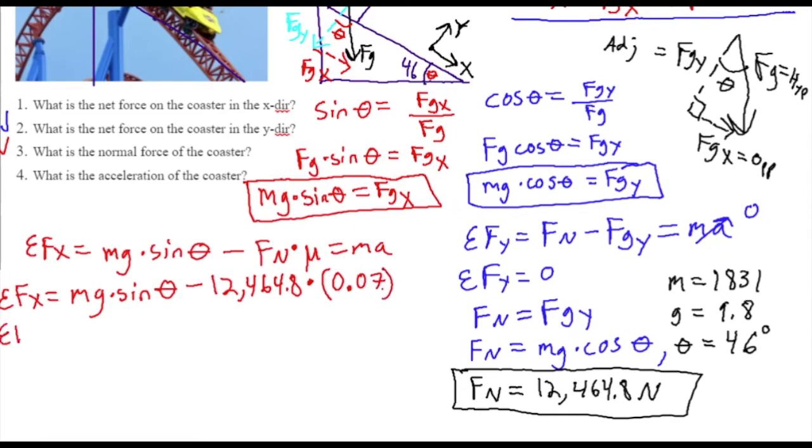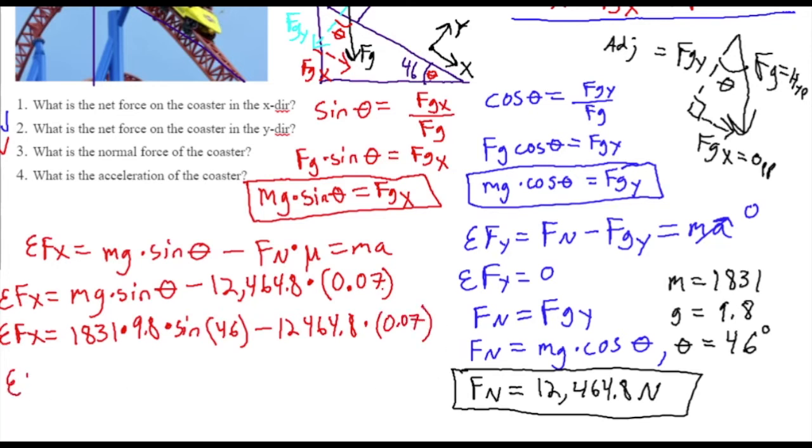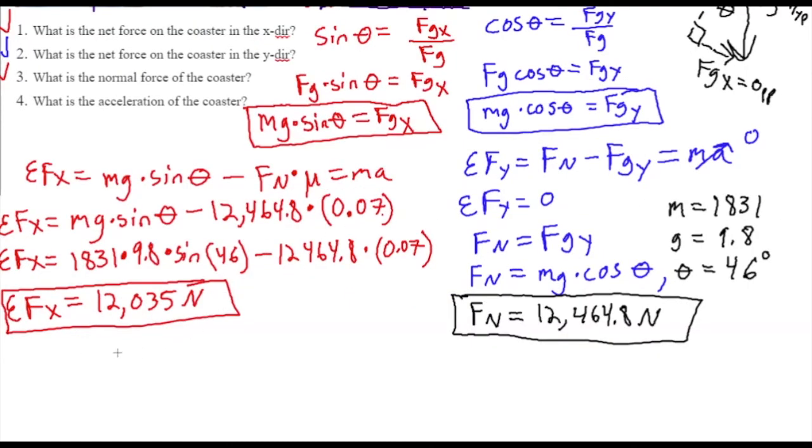So if we go ahead and plug in our numbers for mass, gravity, and theta, we get net force in the x direction is equal to 1,831 times 9.8 times the sine of 46 degrees minus 12,464.8 times the coefficient, which is 0.07. Solving for all of this and simplifying, we get net force in the x direction is equal to 12,035 newtons.